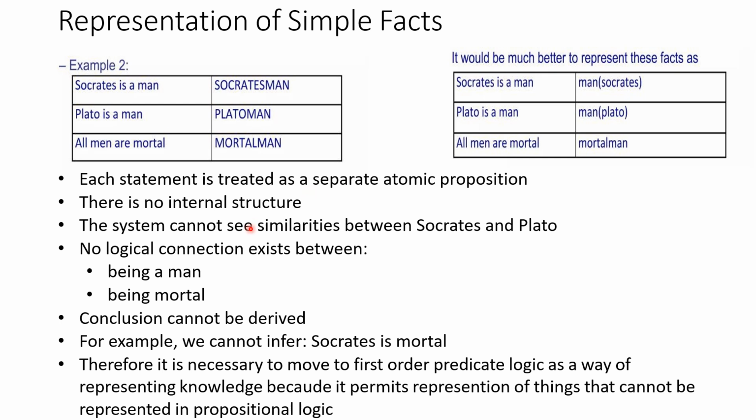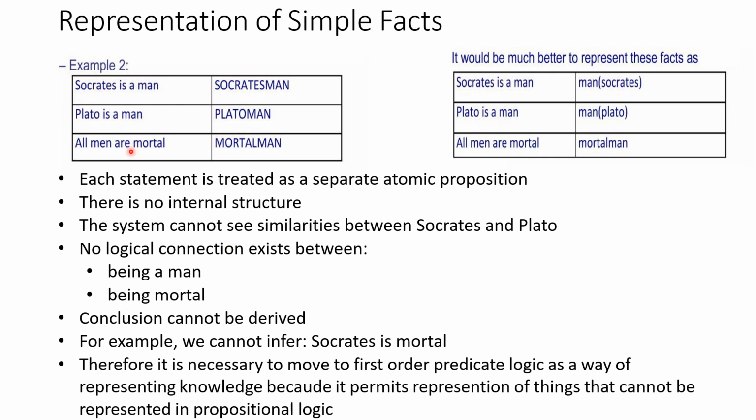There is no internal structure. The logic cannot see words like Socrates, man or mortal. It only sees the symbol like Socrates man. So the system cannot see similarities between Socrates and Plato, even though both are men: Socrates is a man and Plato is a man.